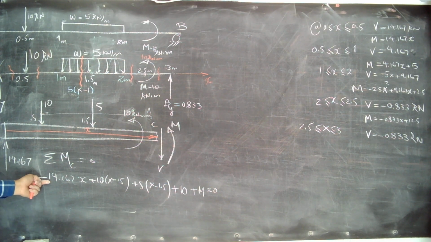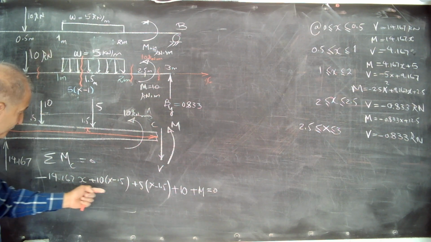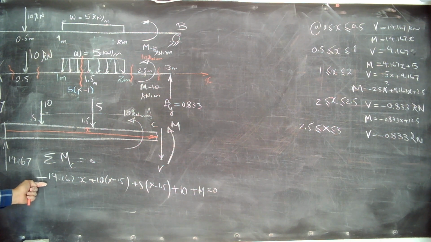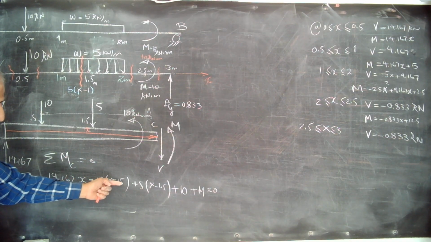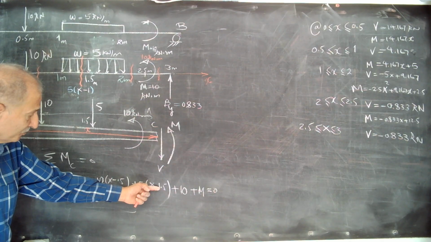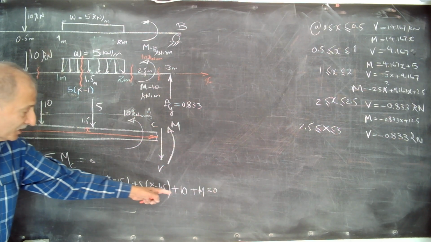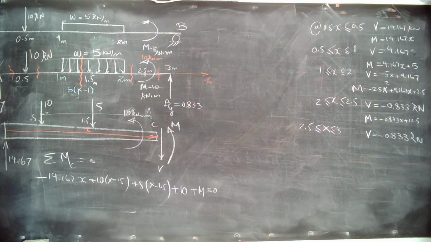Then this is minus 14.167, this is 10x, this is minus 15. Then we have a 0.833 here as well, x positive. Here is 5. Here is minus 5, minus 7.5, minus 12.5, plus 10 is minus 2.5.